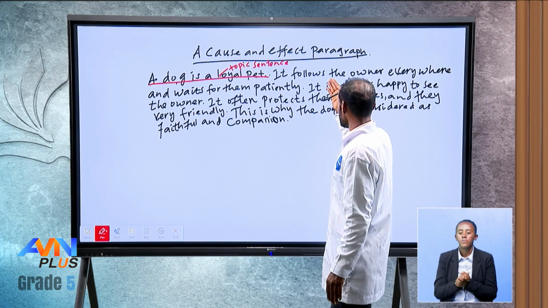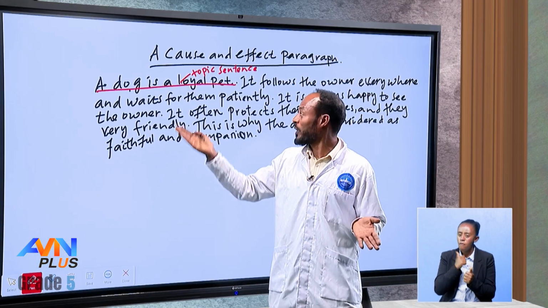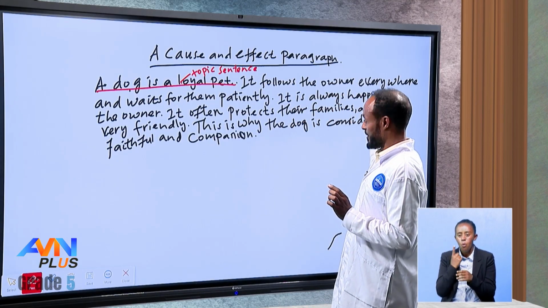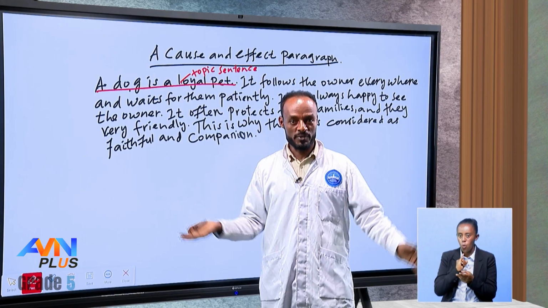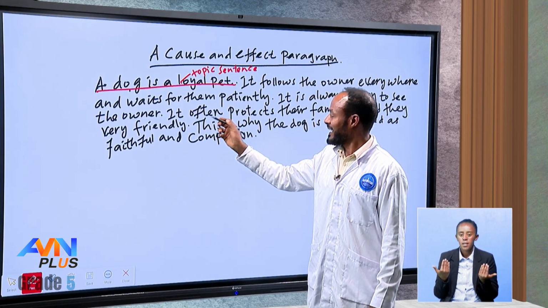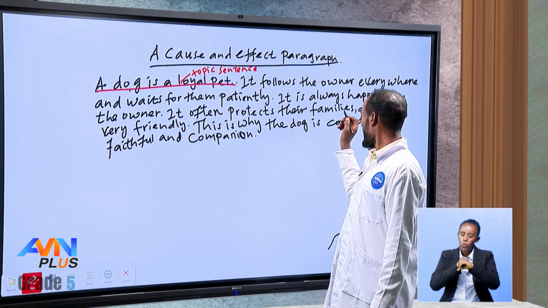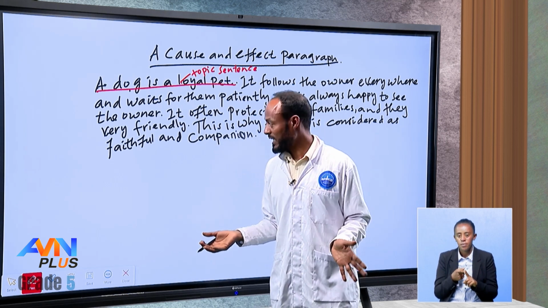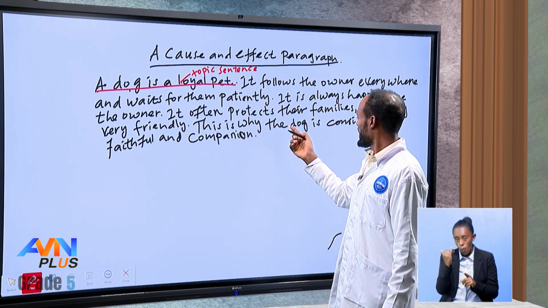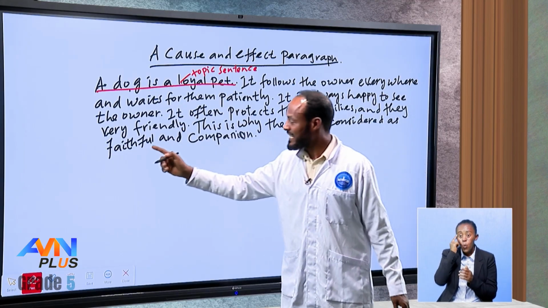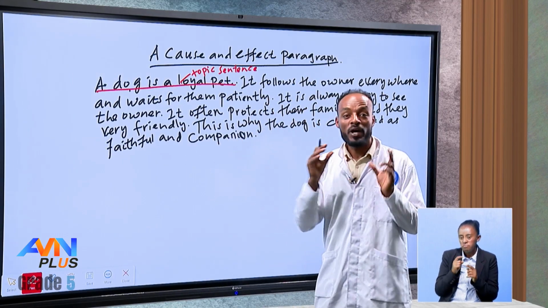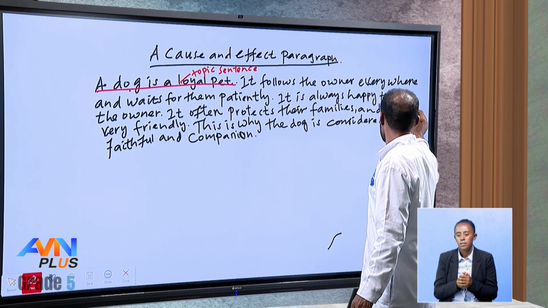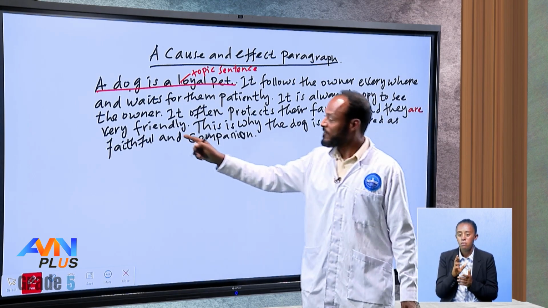Here, it follows the owner everywhere and waits for them patiently. It is always happy to see the owner, okay? They feel happy. It often protects their families and they are very friendly, okay? Here, the word "are" should be written. They are very friendly.